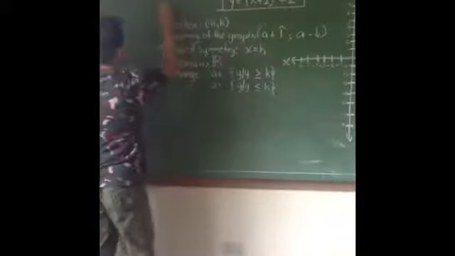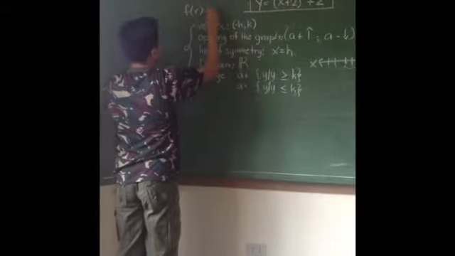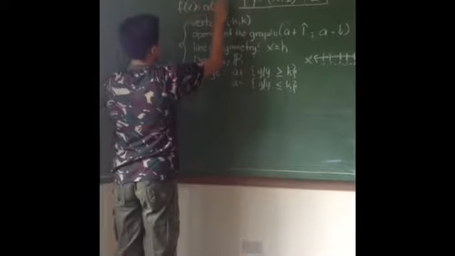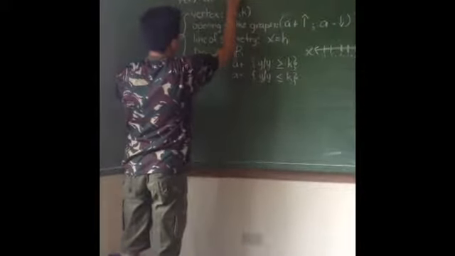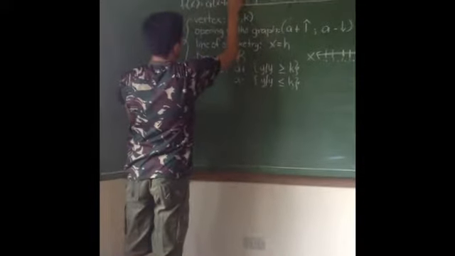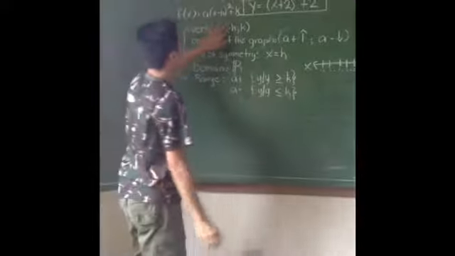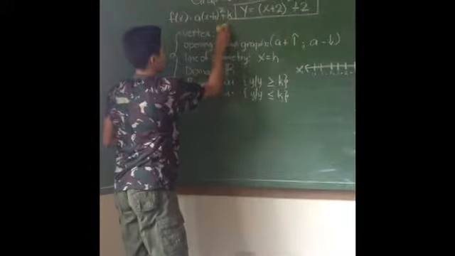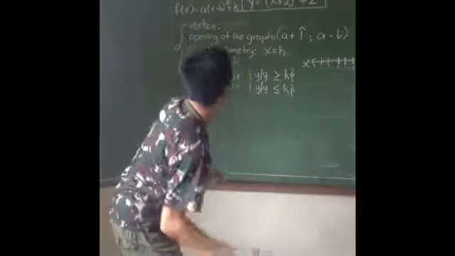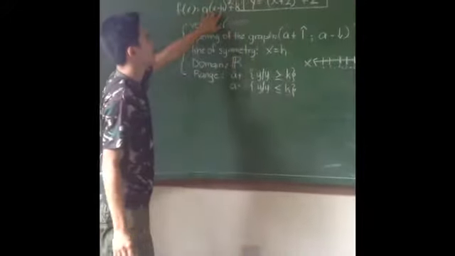Now, f of x is equal to a times x minus h squared plus k. In getting the h and k, first we find the h.